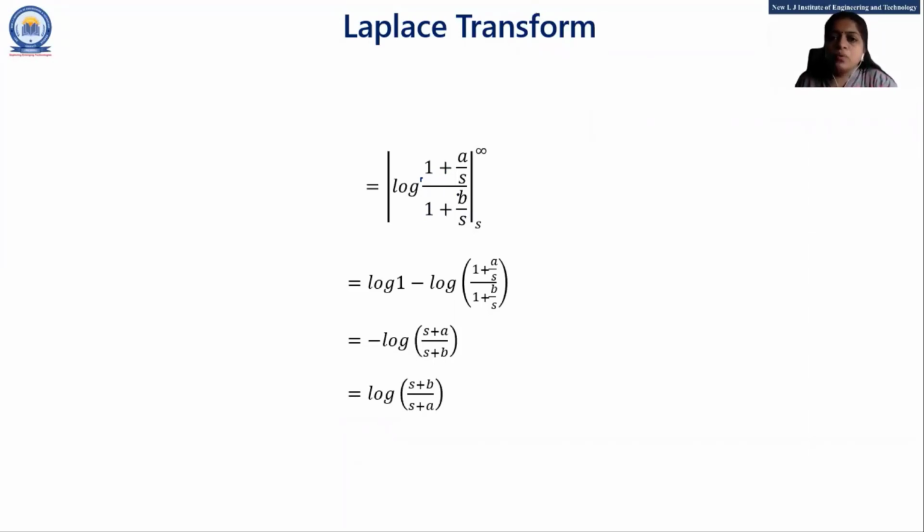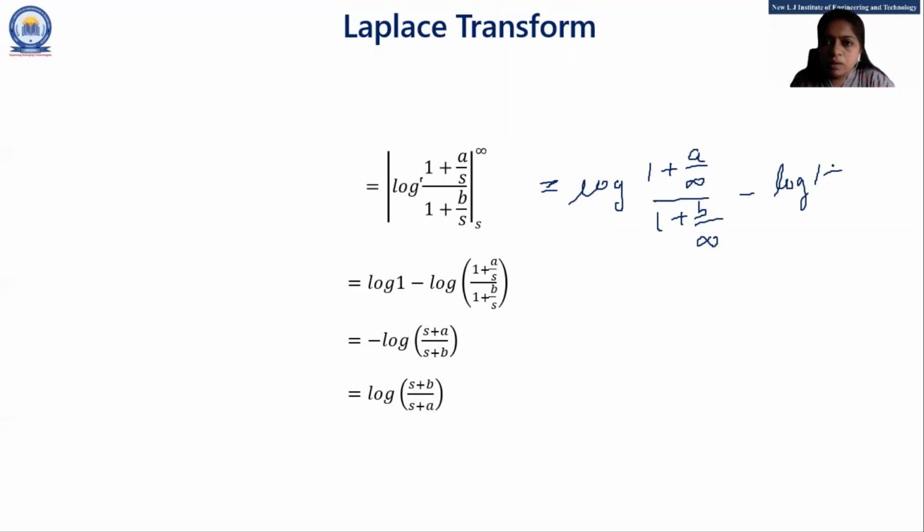So remember, if I first put infinity, it is log of 1 plus a upon infinity over 1 plus b upon infinity, minus log of 1 plus a upon s over 1 plus b upon s.